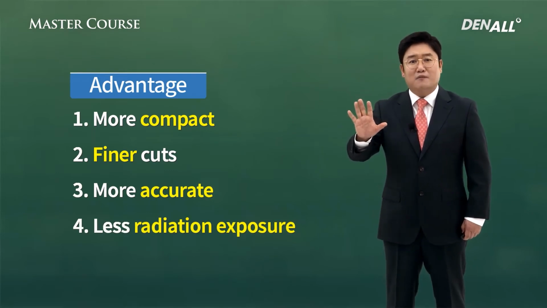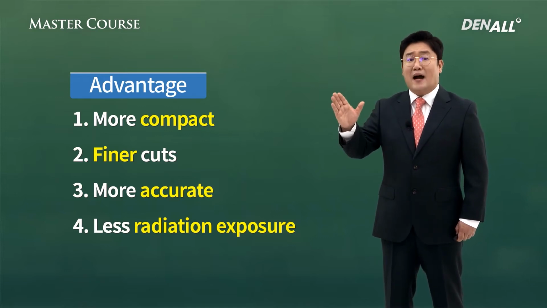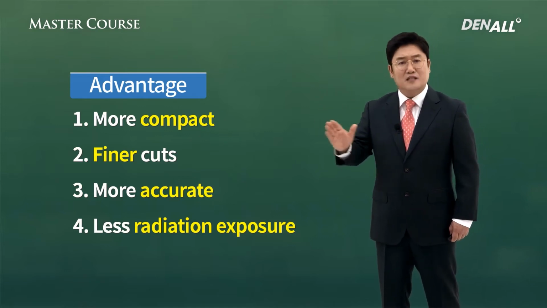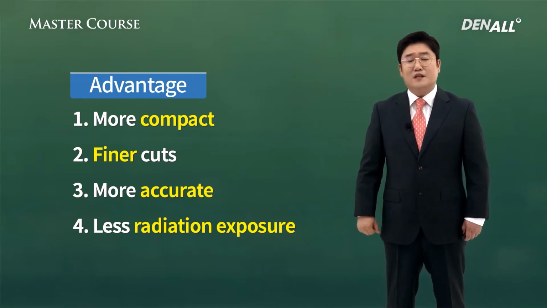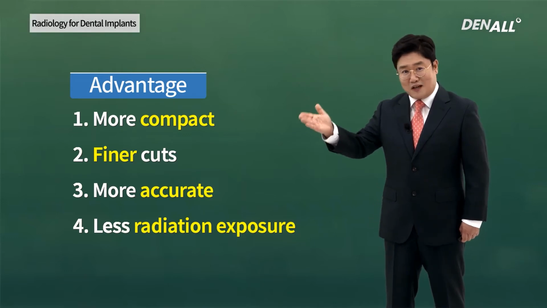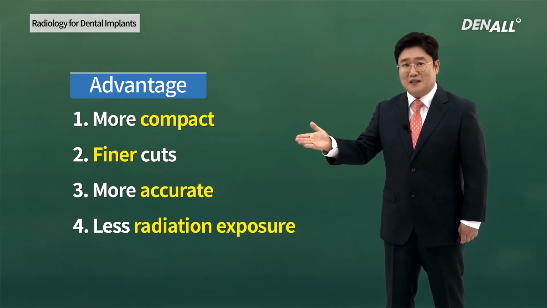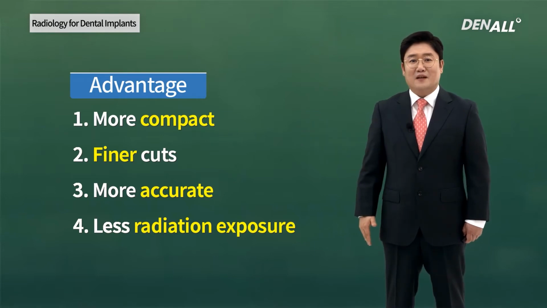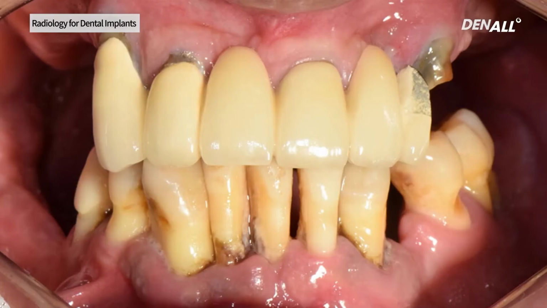The X-ray beams are exposed all at once, therefore the exposure of radiation to patient has become drastically lowered. It has become more compact, finer images, more accurate, and the radiation exposure is reduced greatly.